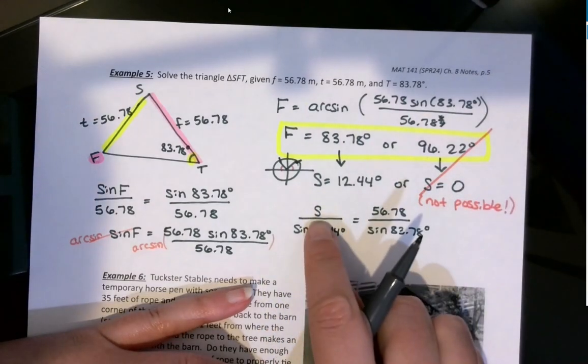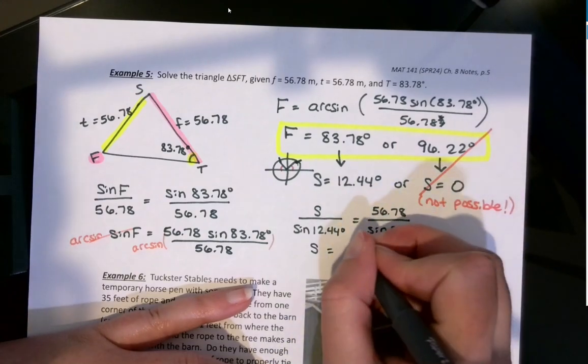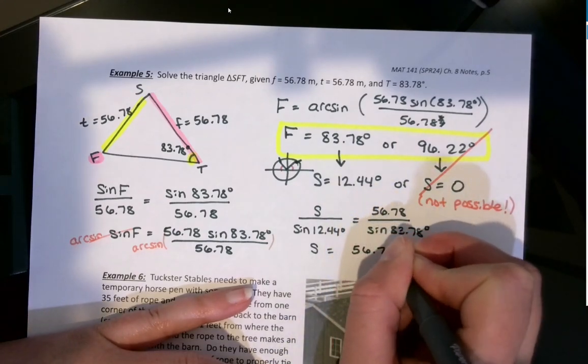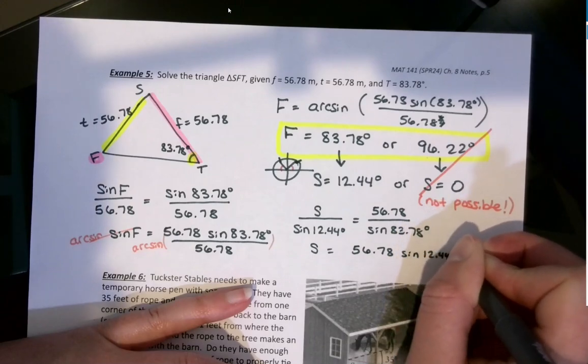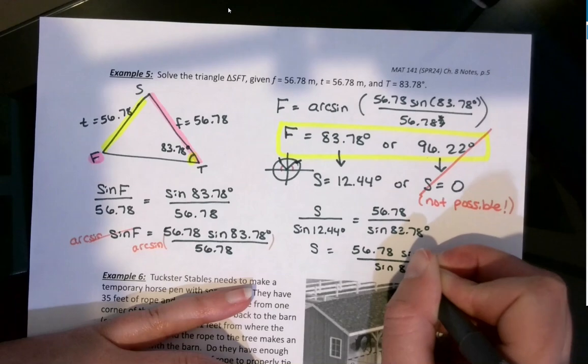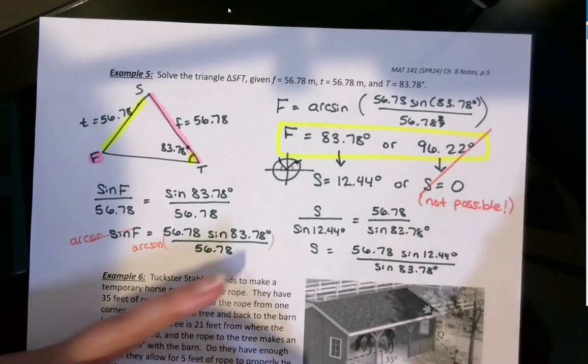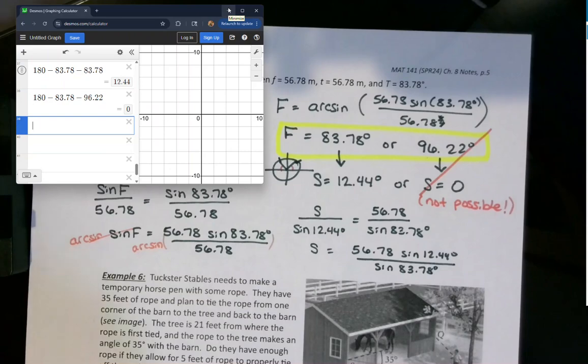Side S, this small s, is going to equal 56.78 times the sine of 12.44 degrees divided by the sine of 83.78 degrees. Let's evaluate this and find ourselves side length little s.